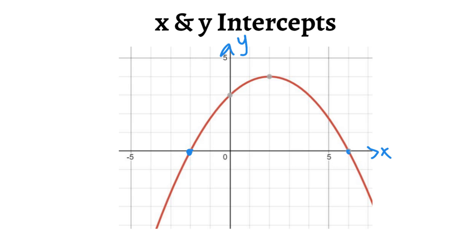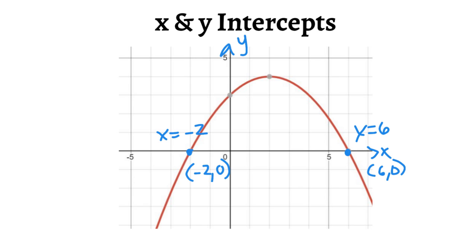These 2 points are known as the x-intercepts. So here we have an x-intercept at x equals 6, and here we have one at x equals -2. You can write it as x equals, or you can write it as a coordinate point, 6, 0, or -2, 0.